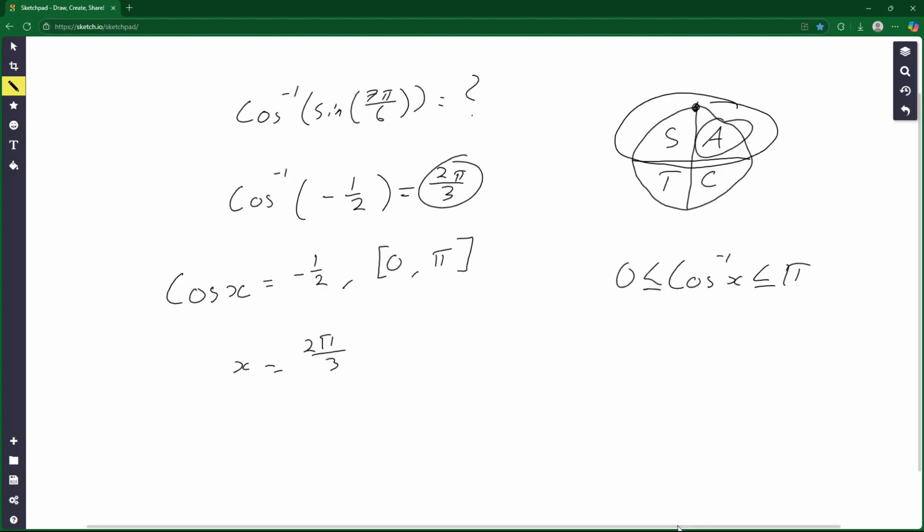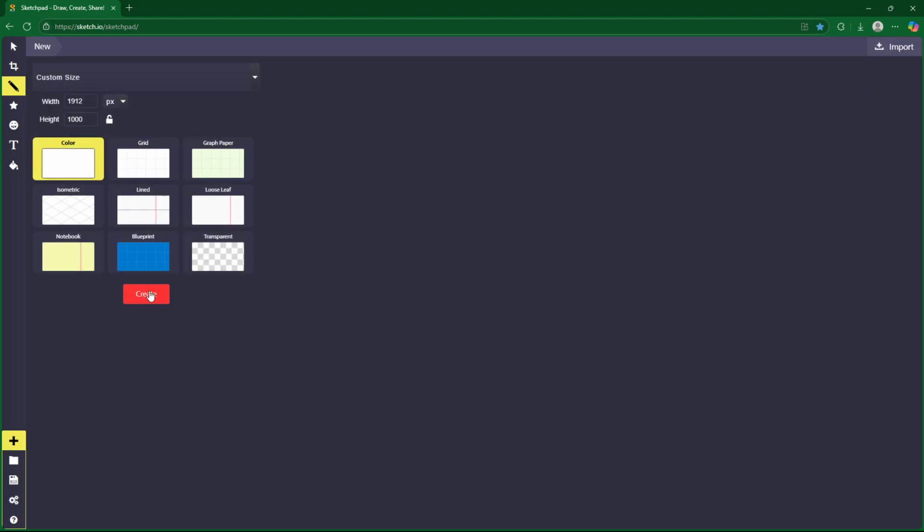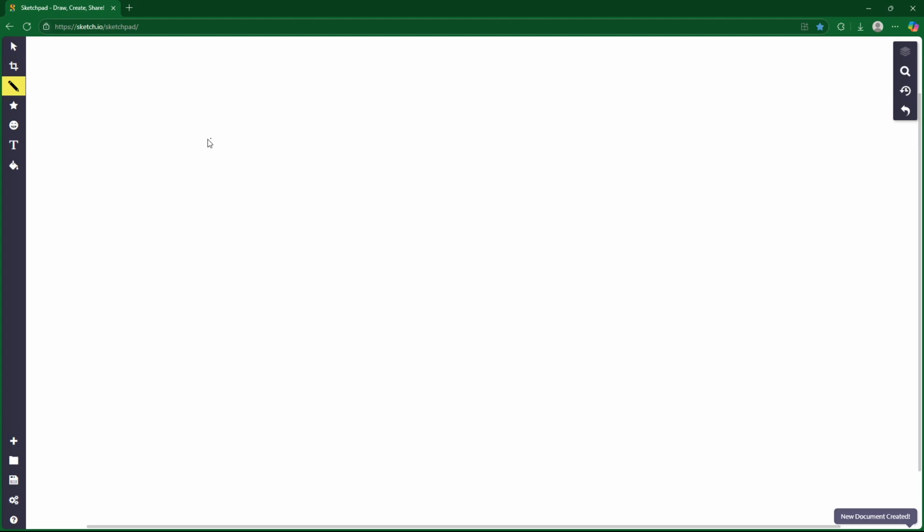I'll go ahead and do another example. Let's do tangent inverse cosine 1 over 2. We'll take this out first, so just ignore the tangent there.